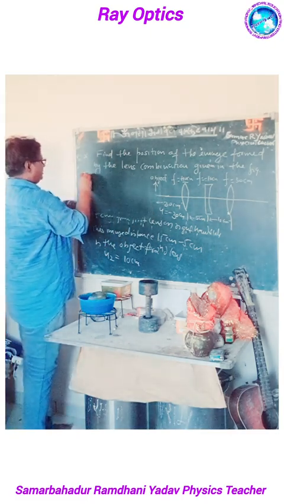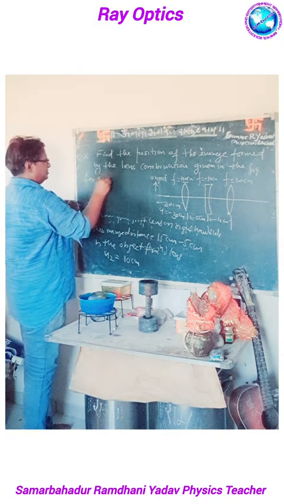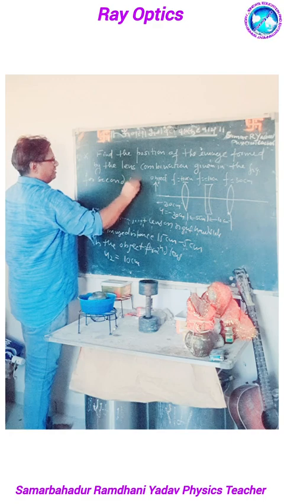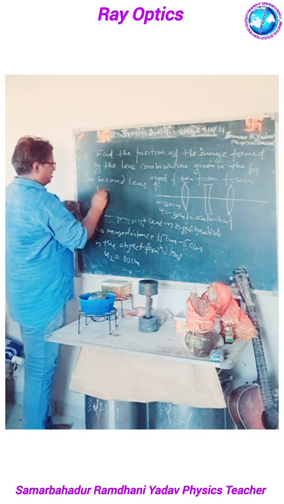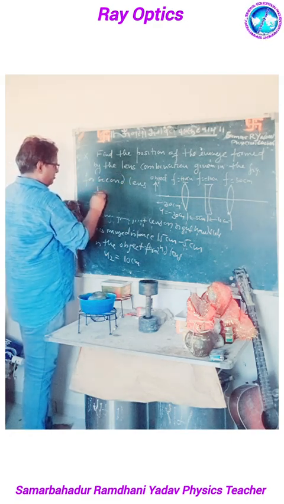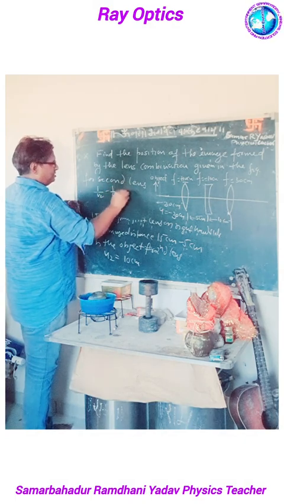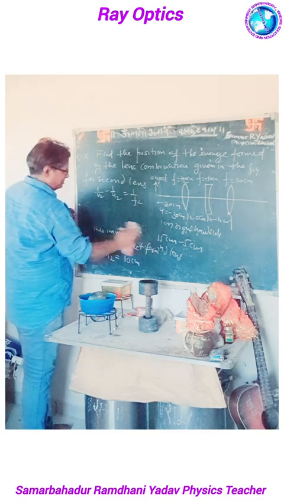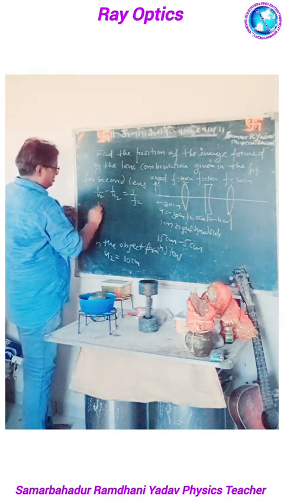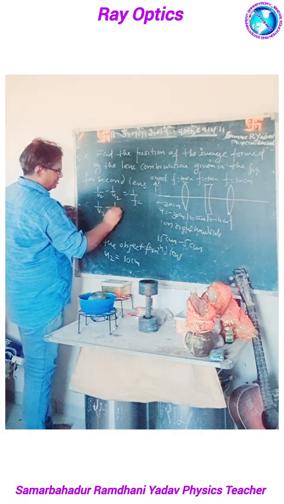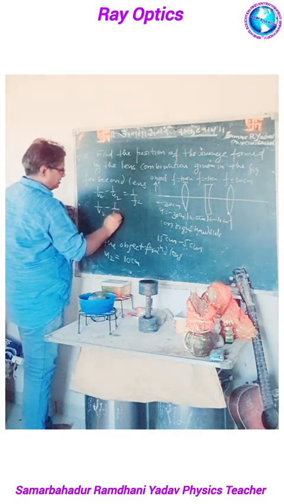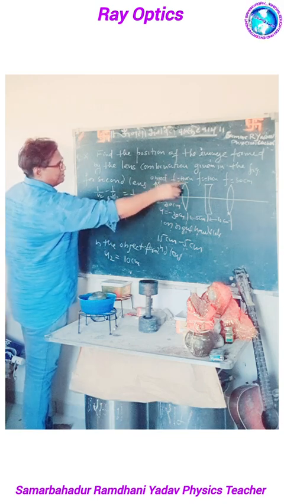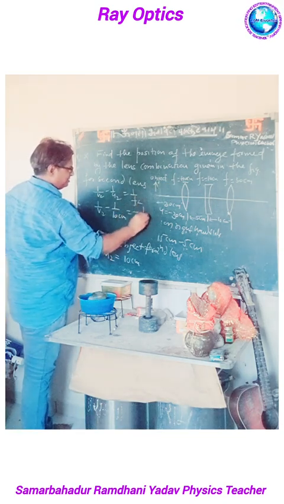For the second lens, 1 upon v2 minus 1 upon u2 is equal to 1 upon f2. Therefore 1 upon v2 minus, u2 is given, that is 10 centimeter, and f2 is also given, that is minus 10 centimeter.